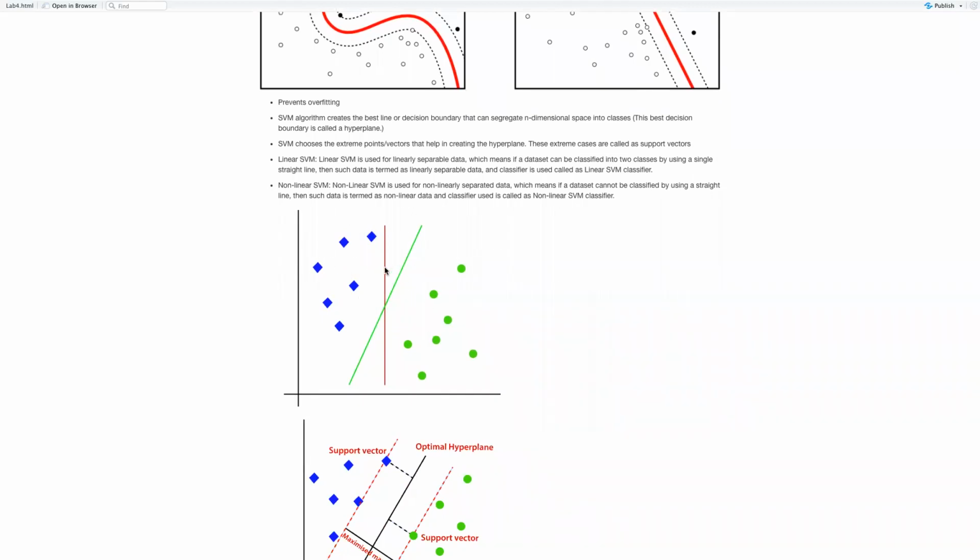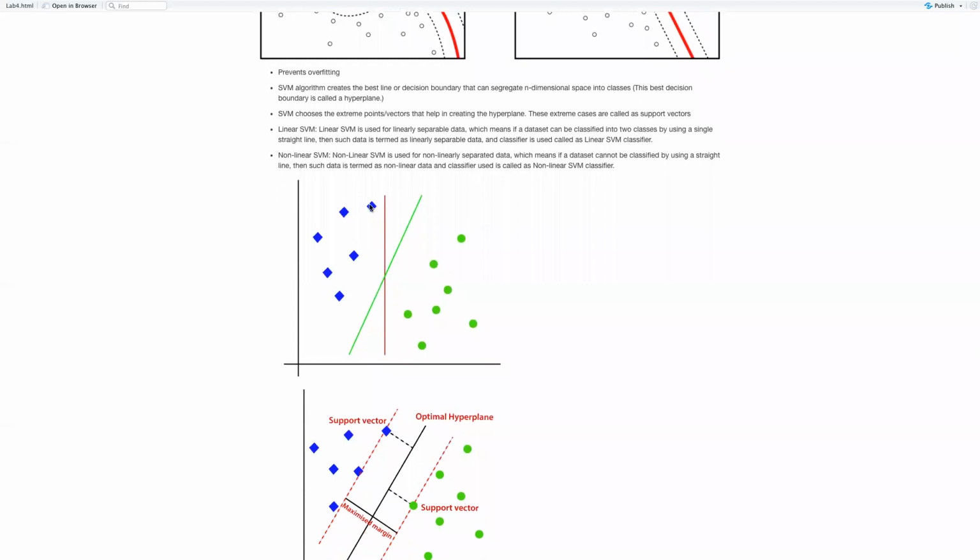However, if we calculate the margin between the support vectors, which is this one and this one for the right line, we'll see this margin is right here, so it's not very long. But for this green line, the margin will be this one, and we'll get a much larger margin.